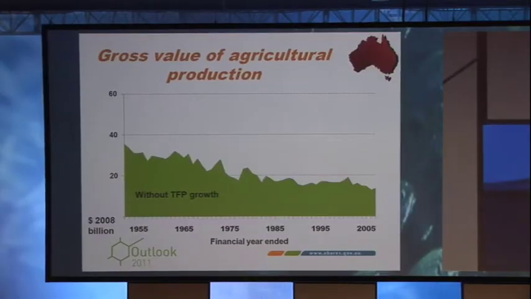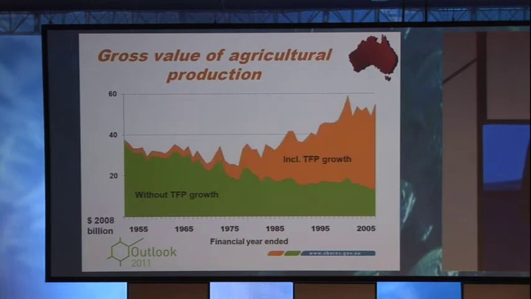Now, why is productivity important? If you look at this graph here, you can see that we've tried to estimate what the gross value of agricultural production in Australia would be if there was no productivity growth. And you can see, you get a picture of that. Then we can overlay it with what happens with productivity.